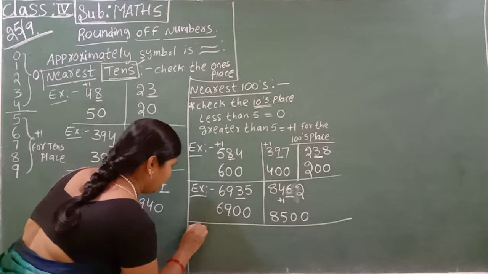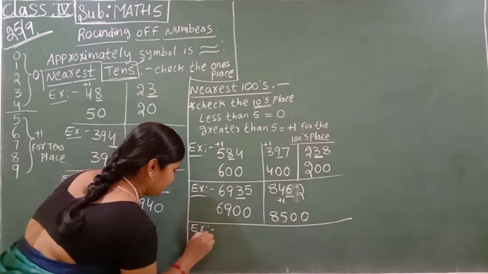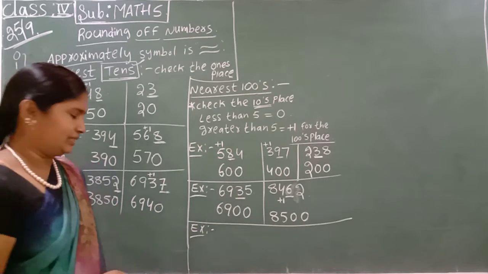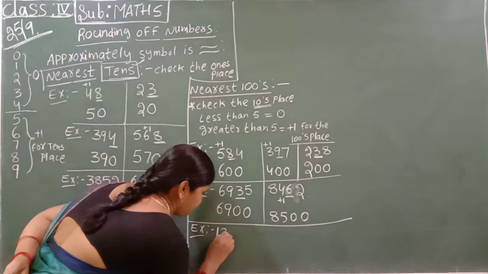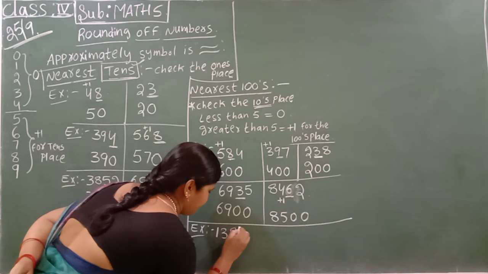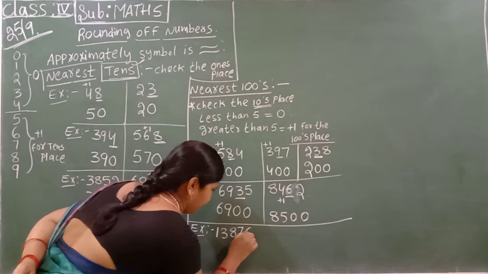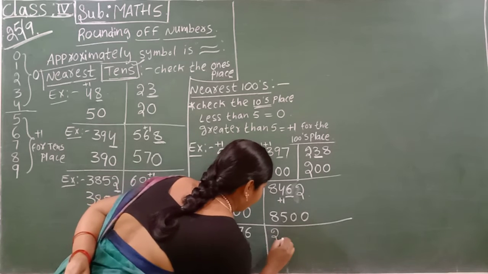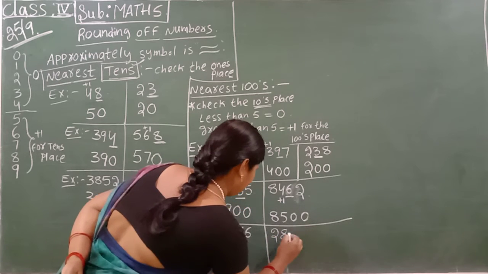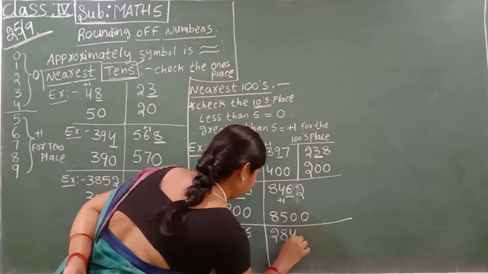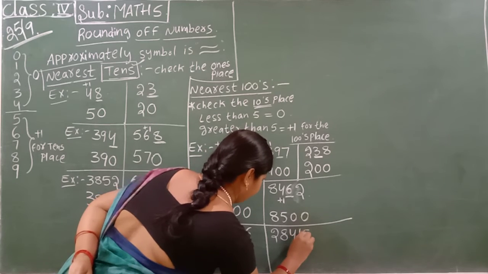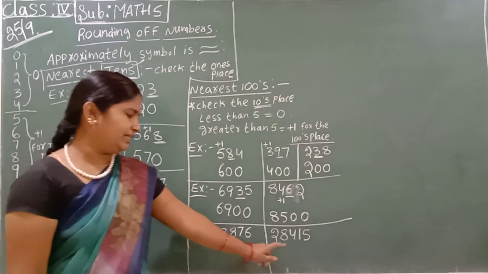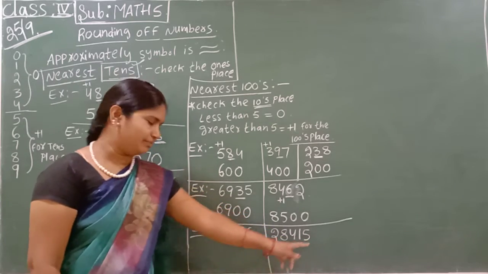Like this. Now, I want to take one more example. It is a 5-digit number. It is also a 5-digit number.